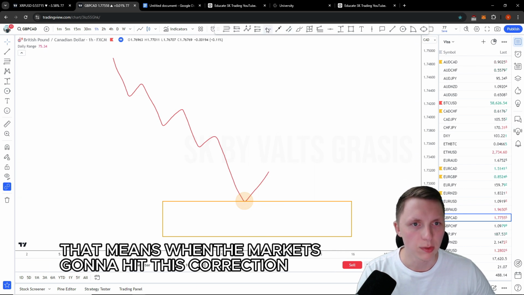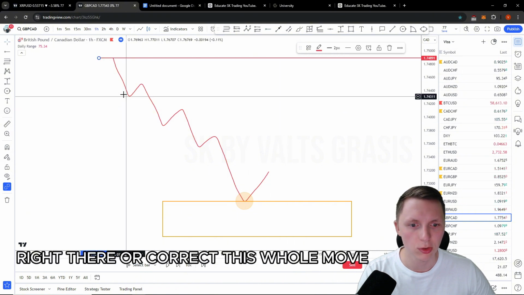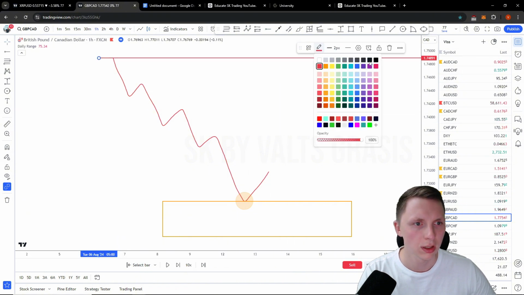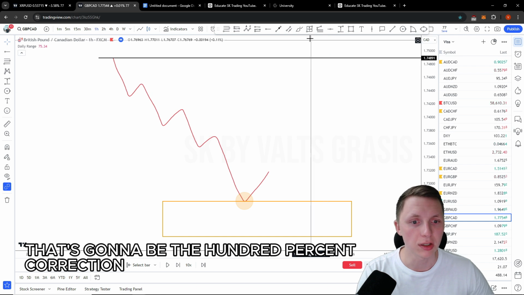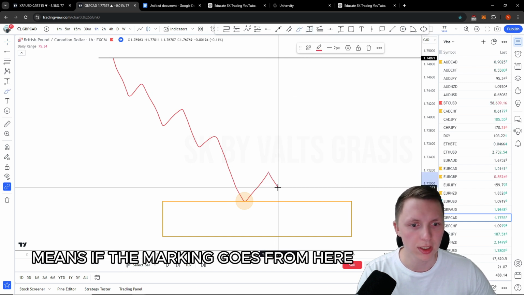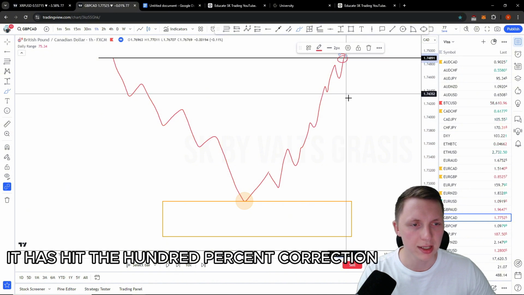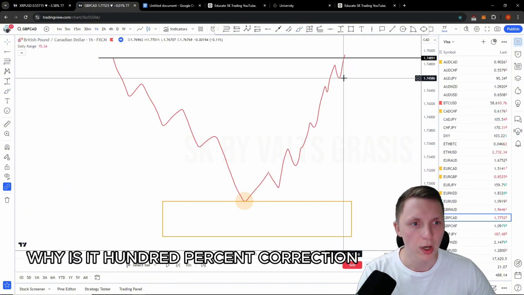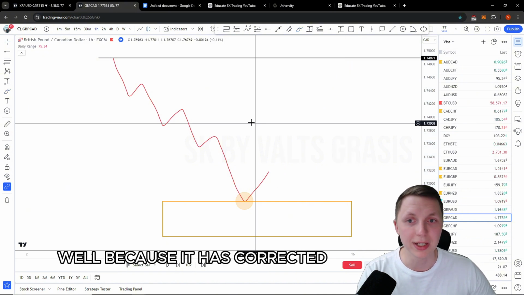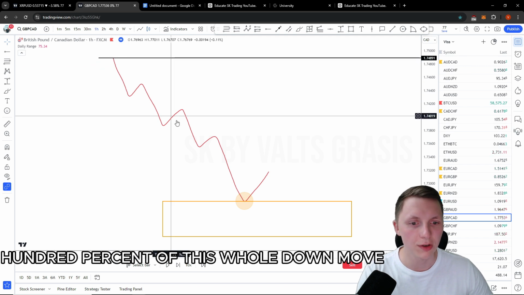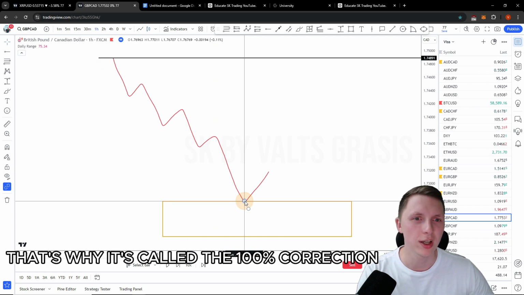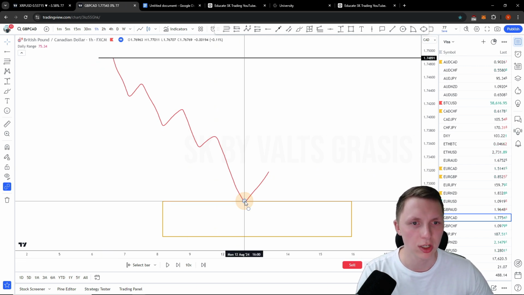That means when the market hits this correction right there, or corrects this whole move, that's gonna be the 100% correction. If the market goes from here, let's say it goes all the way up there, at this point it has hit the 100% correction. Why is it 100% correction? Because it has corrected 100% of this whole down move. That's why it's called the 100% correction.